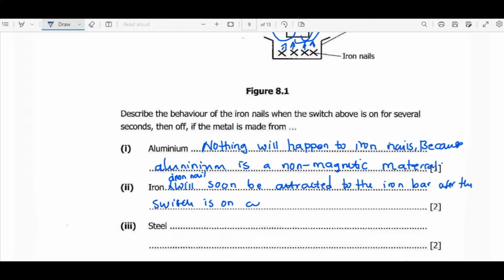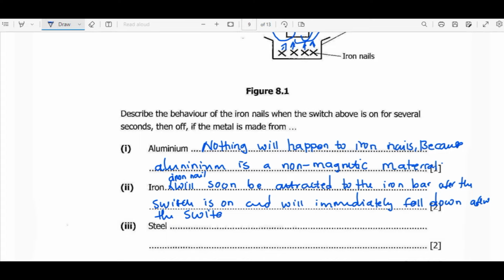And they will immediately fall down after the switch is off.